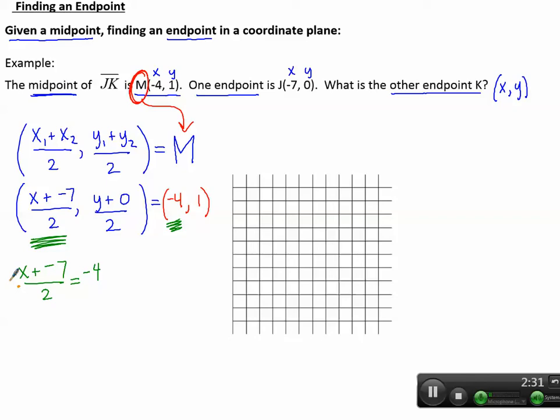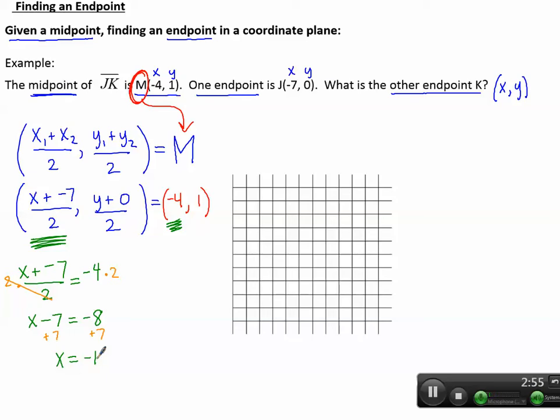So on both sides of the equation, I multiply by 2. Now I have x plus -7. Well, we can write that easier. Remember, that's the same as x minus 7. So x minus 7 equals -8. Now I'm going to add 7 on both sides, and I get that x equals -1.